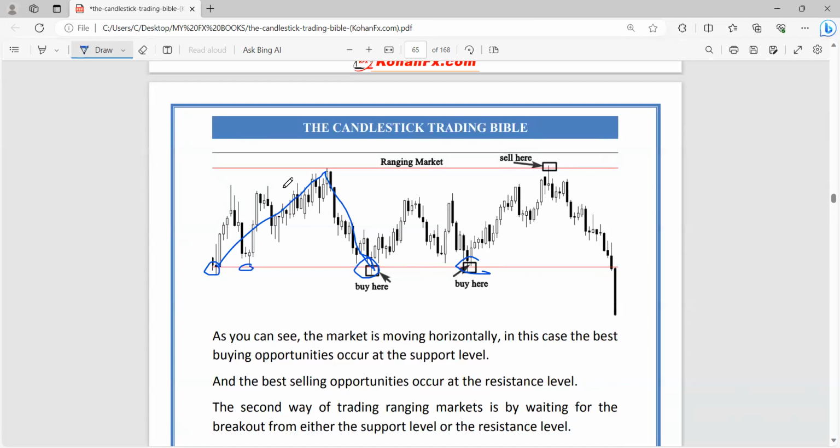Then you can anticipate that it's going to go all the way to this level, that red line. Then when it reaches the red line, since you know that it will move in the opposite direction, you close your trade. In short, you take profit from the trade you took from the buys, then you go sell from that level, coming all the way downward.